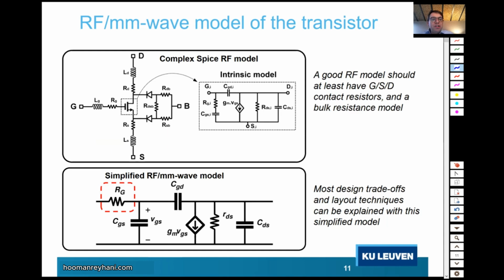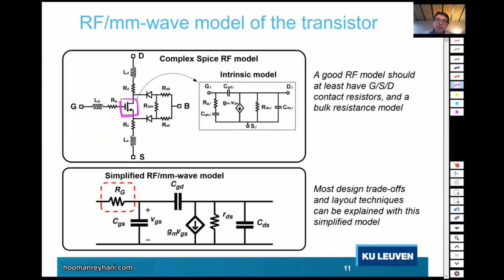What's more commonly done is that you start with an intrinsic model here, and then afterwards you back annotate the parasitics. But you can only do that after you have drawn a preliminary layout or some sort of layout, and then you do a PEX, a parasitic extraction of that layout, and the parasitics are then added and so on. So this definitely makes the flow a little bit more complicated.